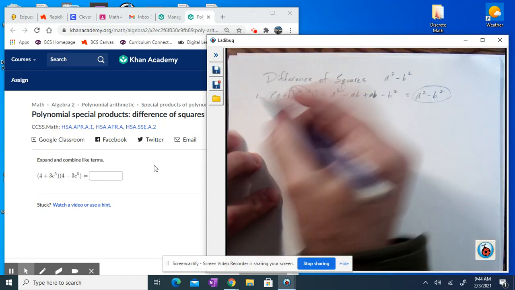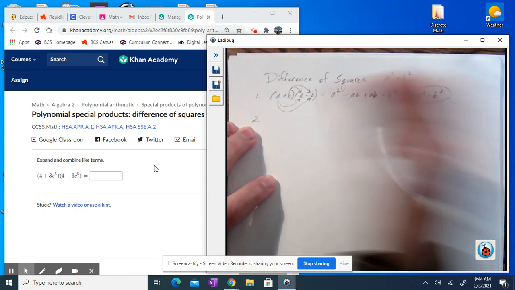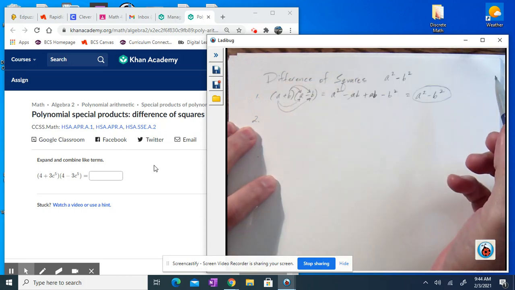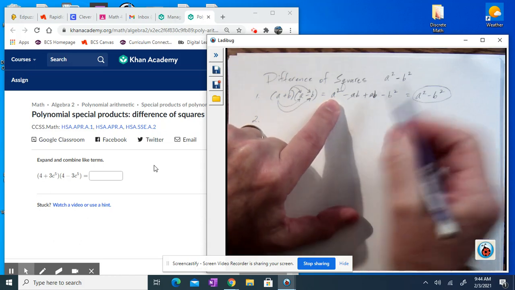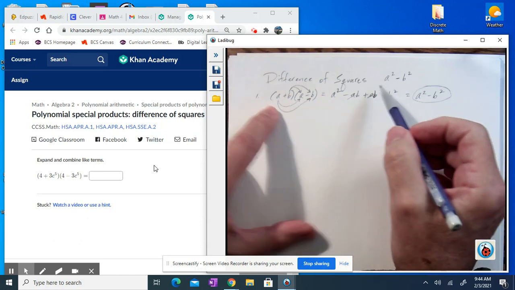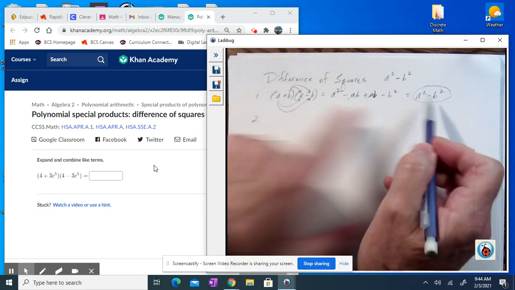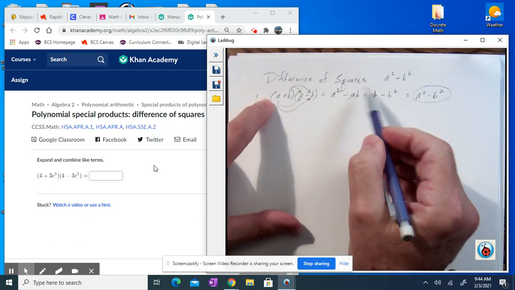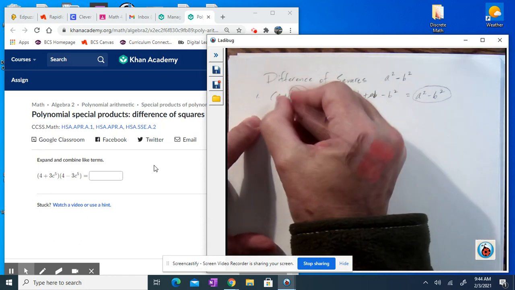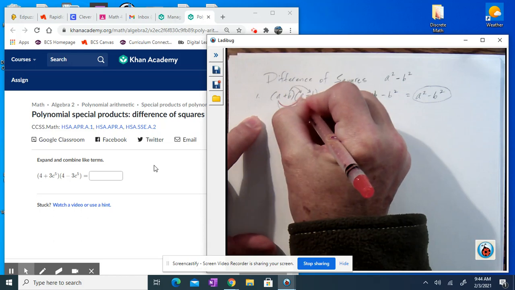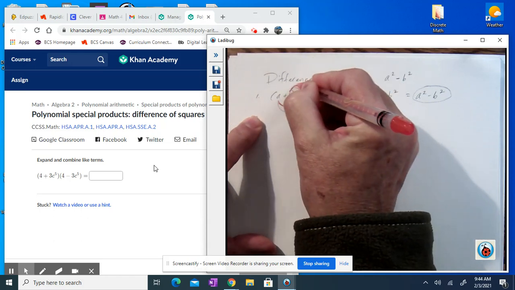Before I do this problem, let's talk about the obvious shortcut. When you do the difference of squares, the only things that survive the process are this product and this product.